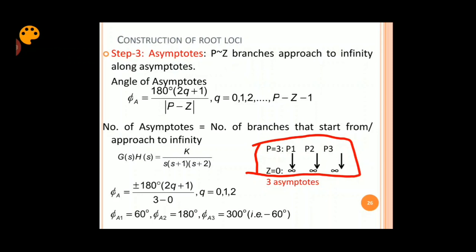How do we come to know about asymptotes? P minus z branches approach infinity along the asymptotes. That means the number of asymptotes is equal to the number of branches approaching infinity. So the number of infinities you see here will tell us the number of asymptotes.